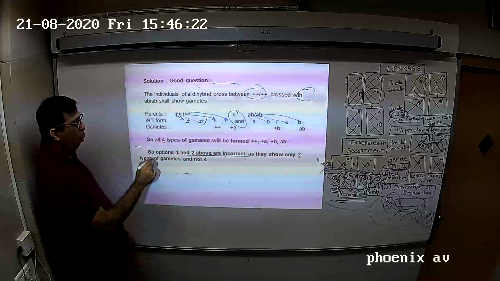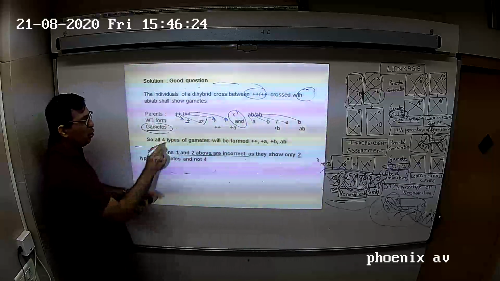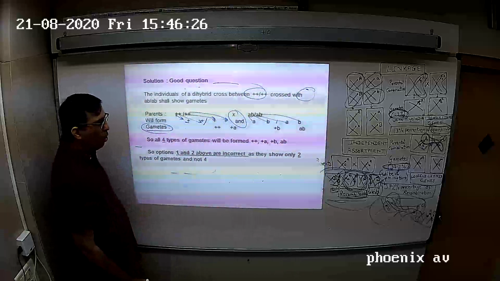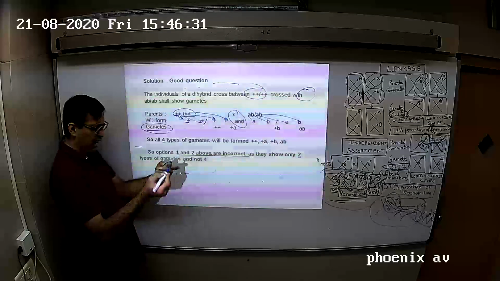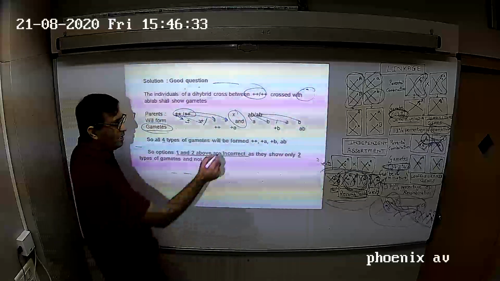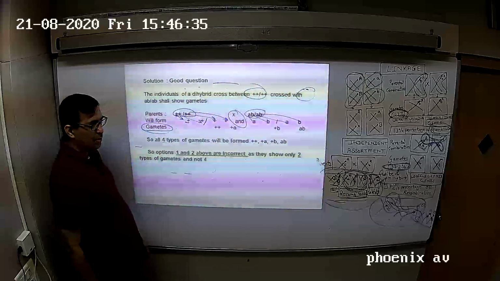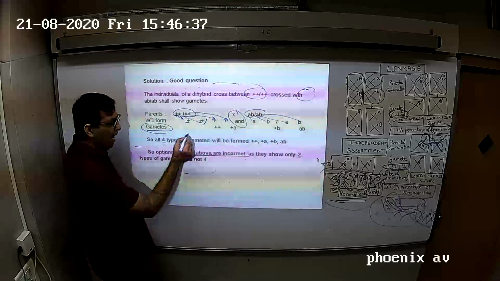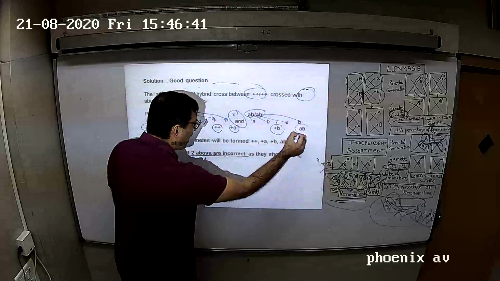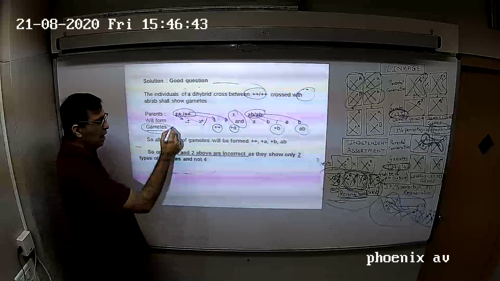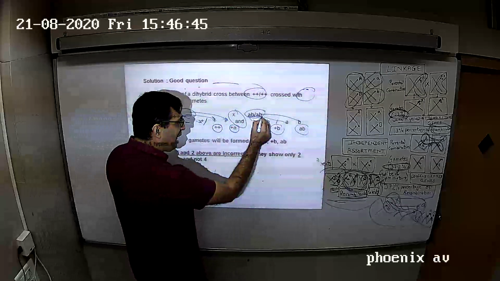This is double heterozygous. It will form gametes which are homozygous, single heterozygous, or double homozygous.